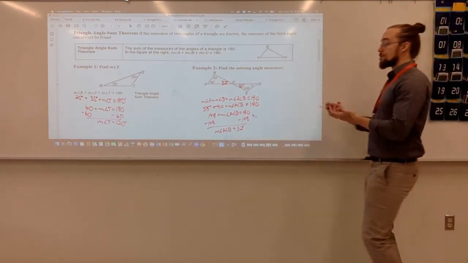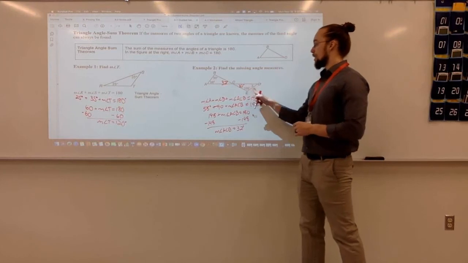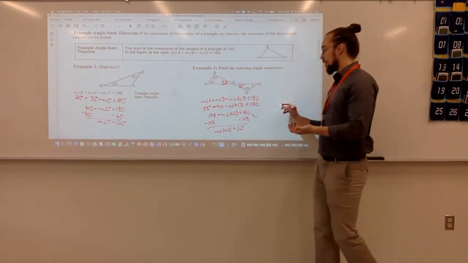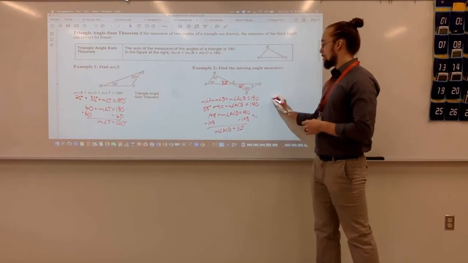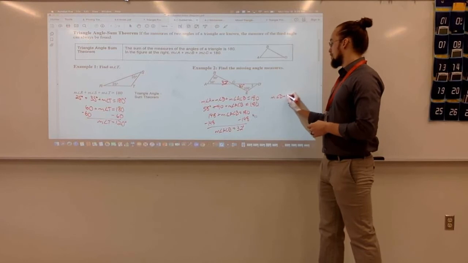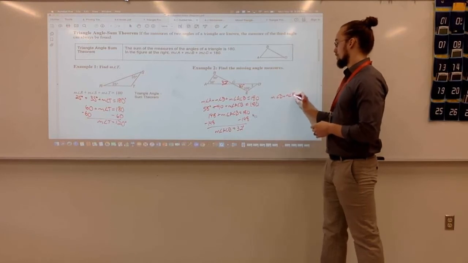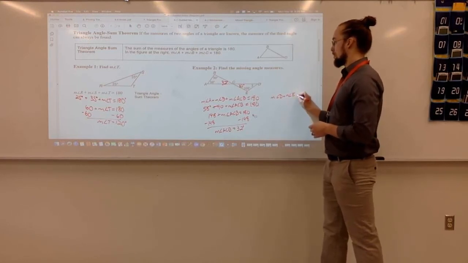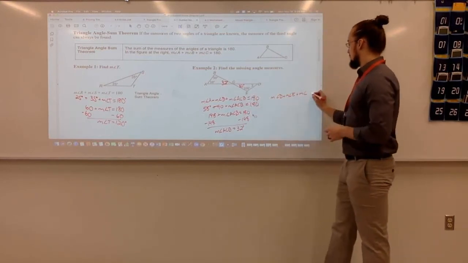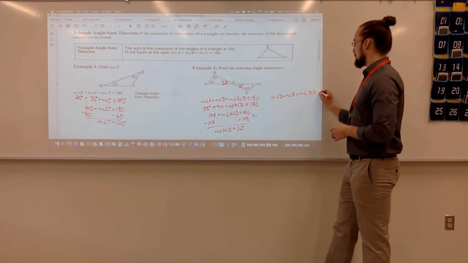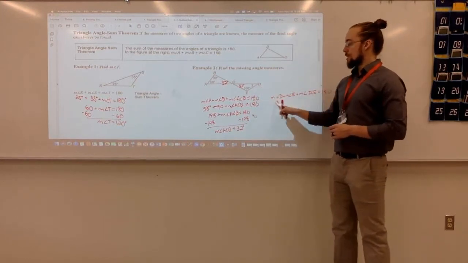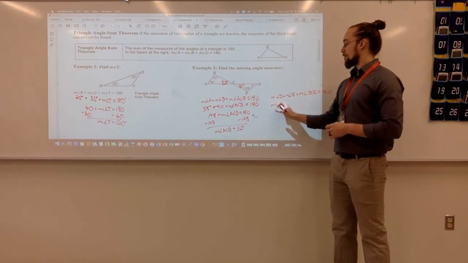So we're still missing one angle. Find the measure of this final angle that we're missing. We can again set up an equation. We can say the measure of angle D plus the measure of angle E plus the measure of angle DCE equals 180. So I don't know the measure of angle D, that's the one that we're trying to find.